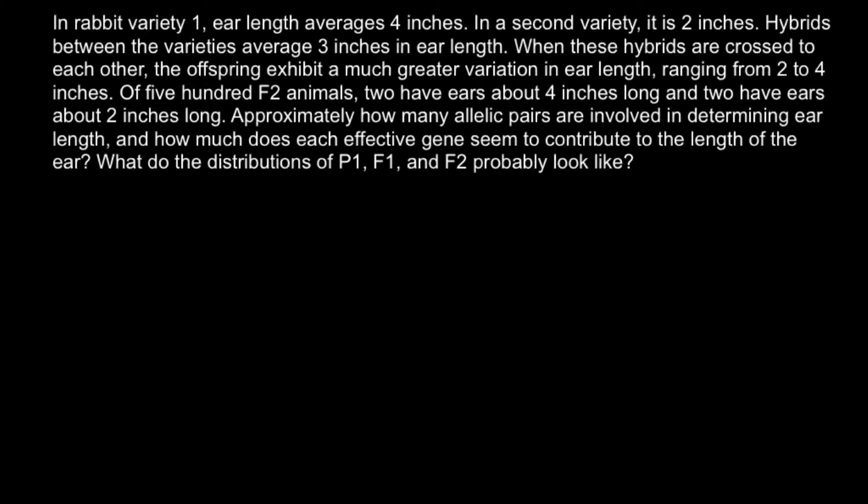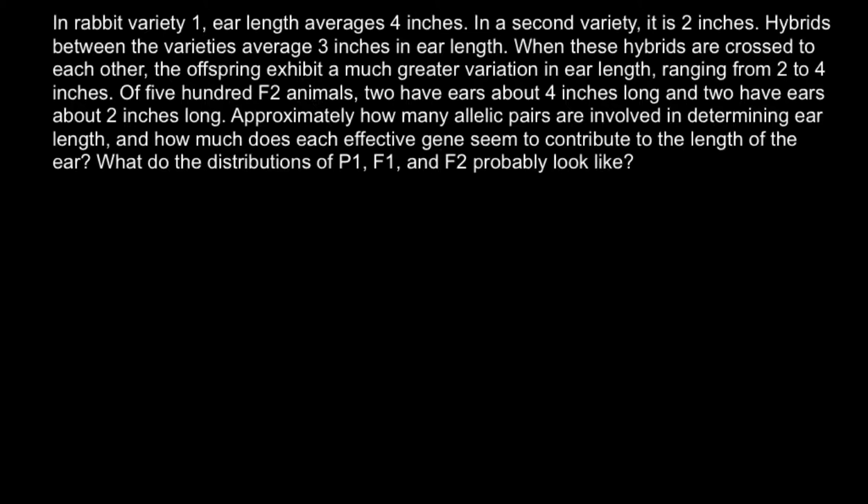And here's a problem. In a rabbit variety 1, ear length averages 4 inches. In a second variety it is 2 inches. Hybrids between the varieties average 3 inches in ear length. When these hybrids are crossed to each other, the offspring exhibit a much greater variation in ear length, ranging from 2 to 4 inches.